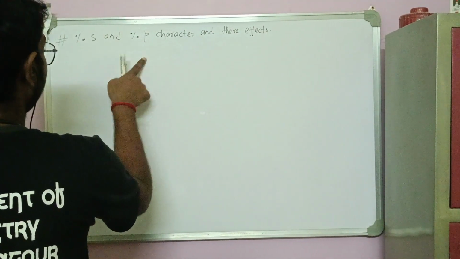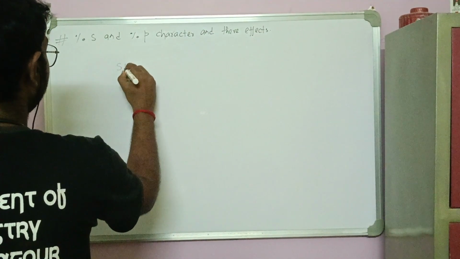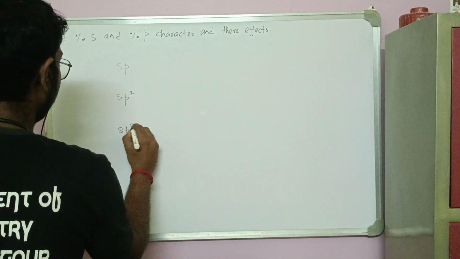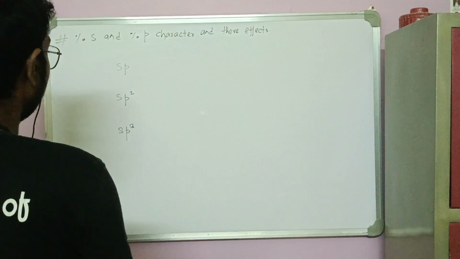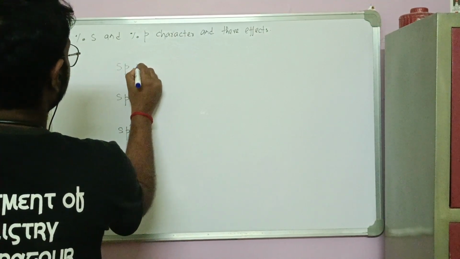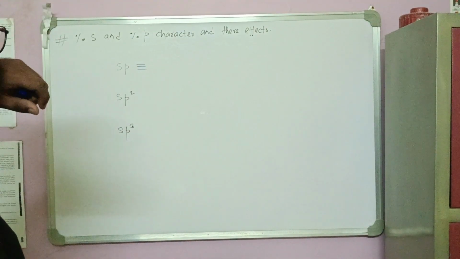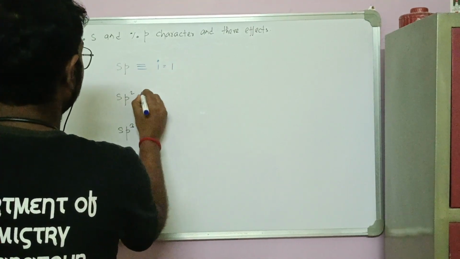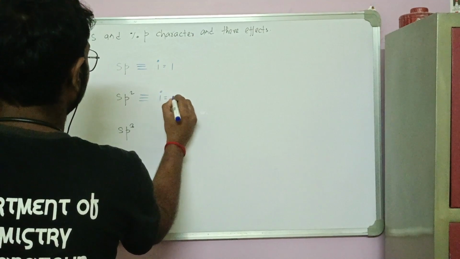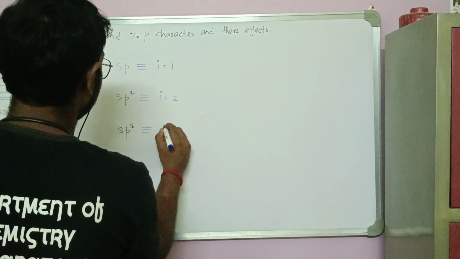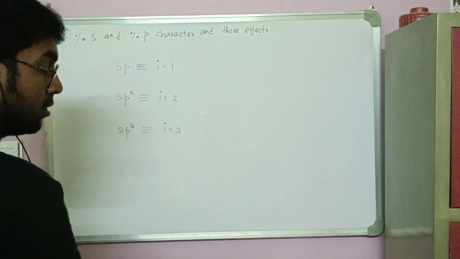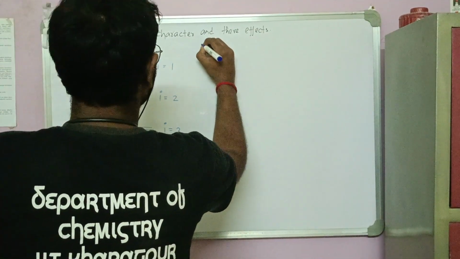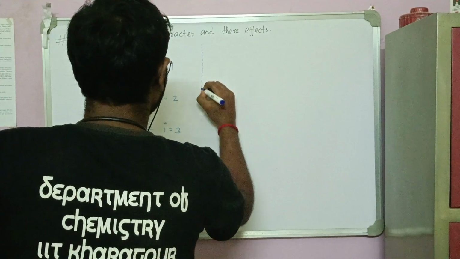So for s and p orbitals, for sp hybridization, for sp2 hybridization, and for sp3 hybridization. Okay, so for sp hybridization, what is the value of i? i equals 1, i equals 2, i equals 3.